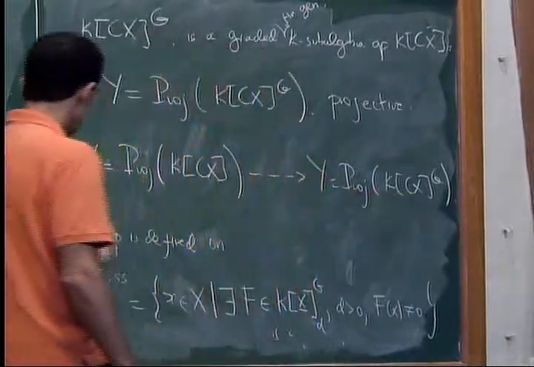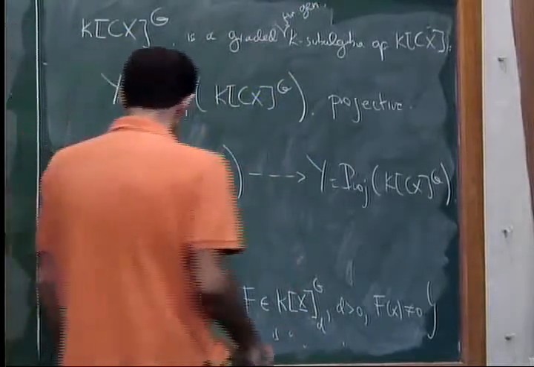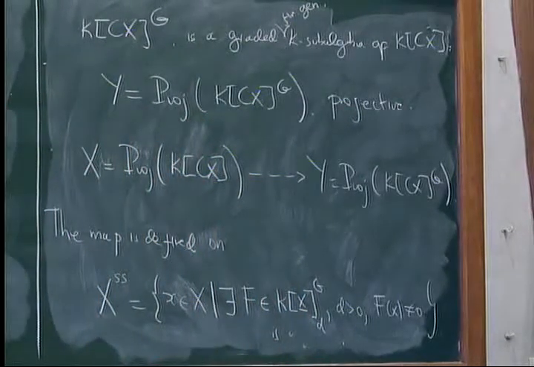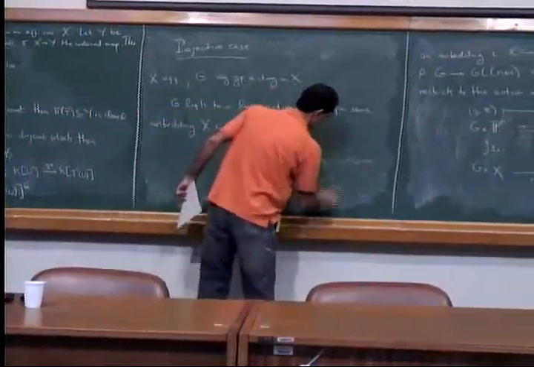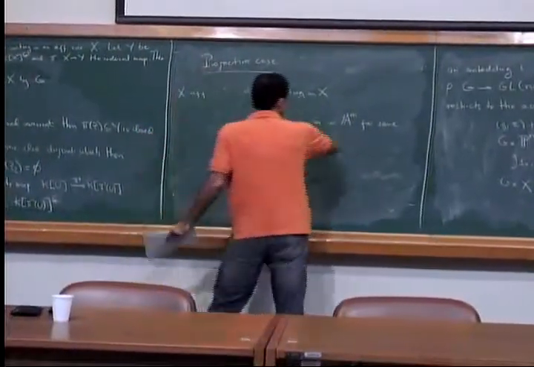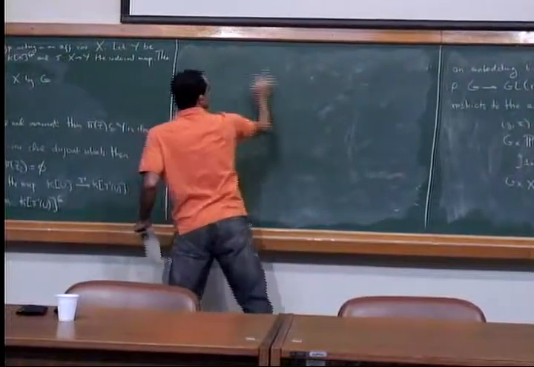And if f is non-zero, that means that the map is defined. So this SS there stands for semi-stable. And that's the definition we're going to give. So we're not going to get a quotient on all of X, but on an open subset.